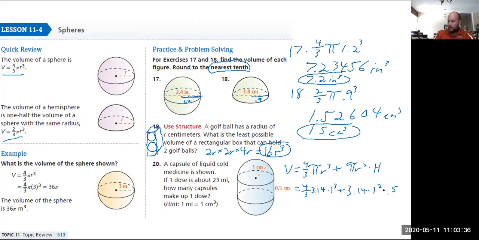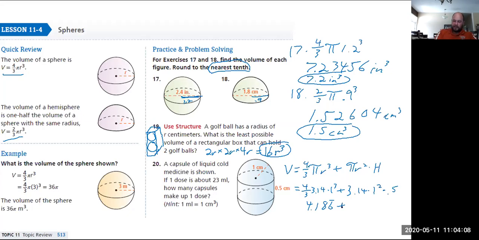So multiply this out. We are going to have, for the sphere, 4/3 times 3.14 times 1, because 1 cubed is just 1. So 3.14 times 4 divided by 3. For the first part of this, 4.186.